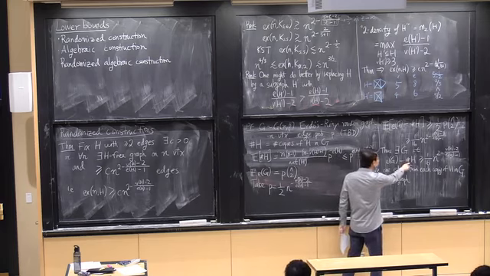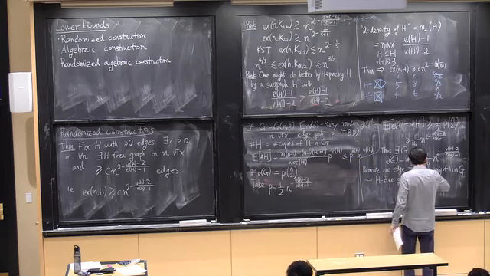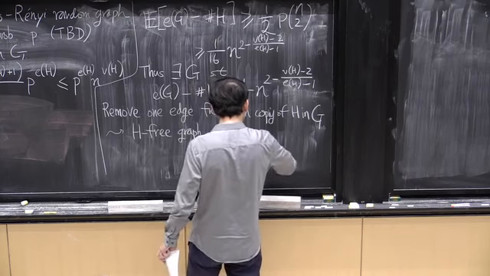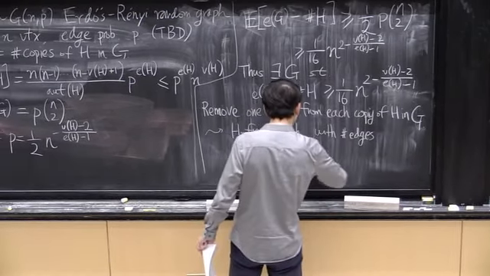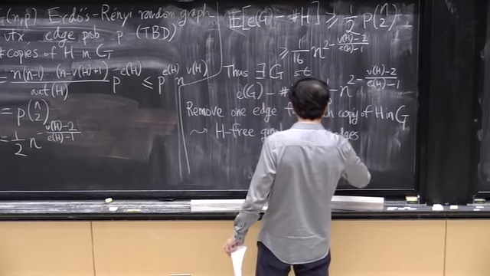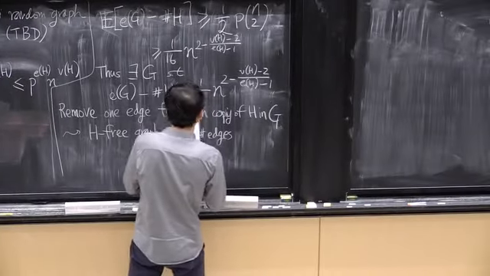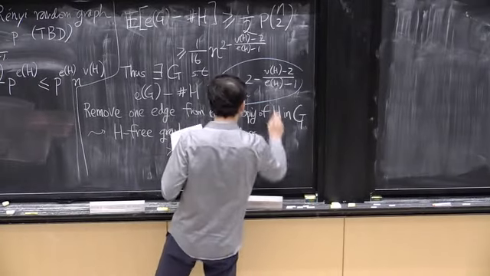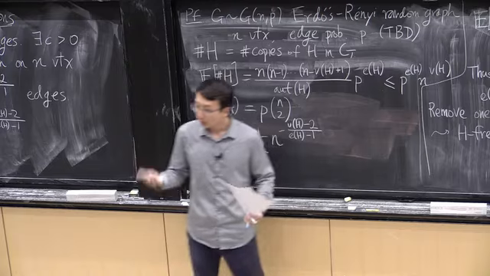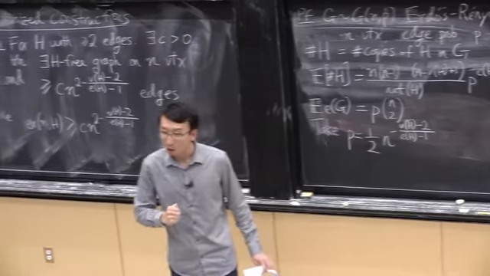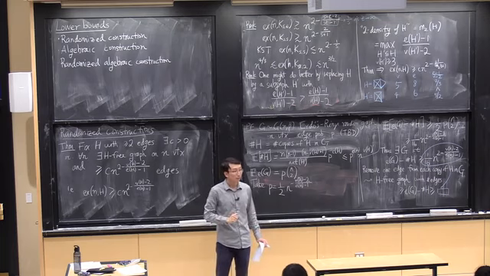Well, we removed at most one edge for each copy of H. So the number of edges is at least this quantity here, which is what we wrote just now. Okay. And that's it. Right? So now we've obtained our graph on n vertices with lots of edges with the claimed bound that's H-free.